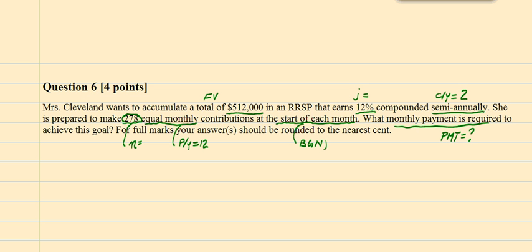She is prepared to make 278 equal monthly payments, so N is equal to 278 monthly payments, that's P over Y is equal to 12, and contributions at the start of each month, so that's BGN, therefore future value due is equal to $512,000.